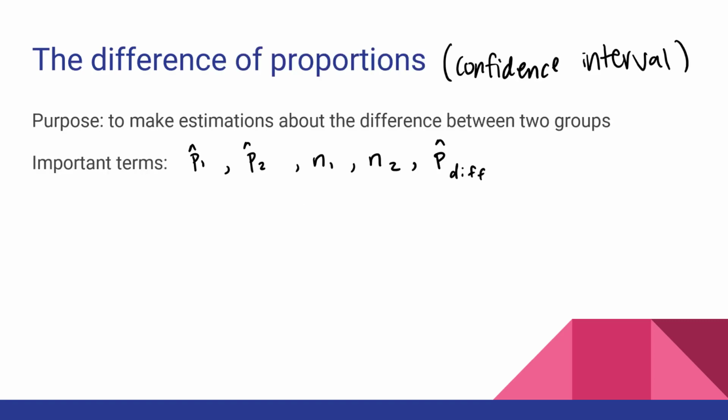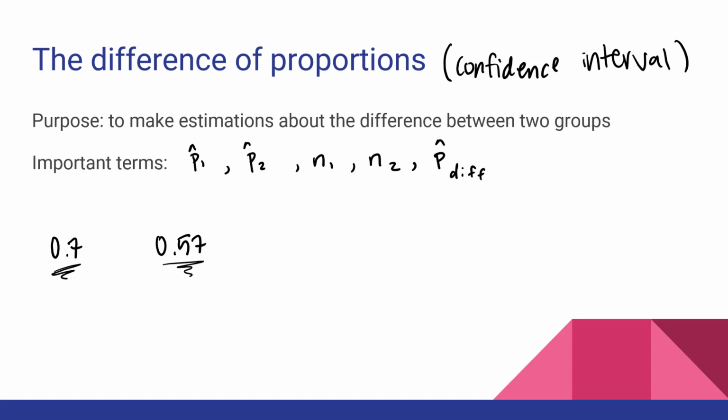So the first thing on the list was making a confidence interval about the difference in proportions. So this is to make an estimation about the difference between the two groups. Earlier we had 70% of the girls with social media accounts and 57% of the boys with social media accounts. We're not making any estimations about this 0.7 or this 0.57.